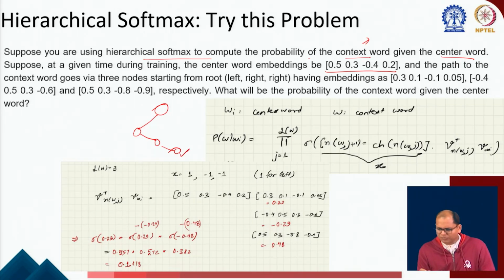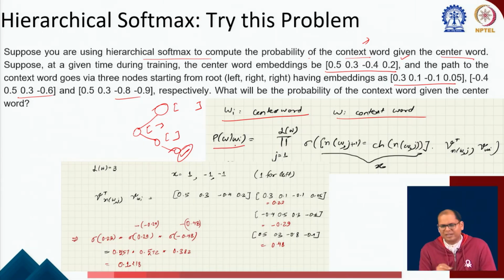And you would have an embedding at each of these, and they are learnable vectors. So they are given to you, 1, 2, and 3. Question is, what is the probability of the context word given the center word? So how do you compute it? You have w_I as the center word and w as the context word.